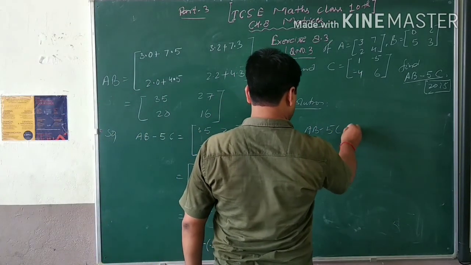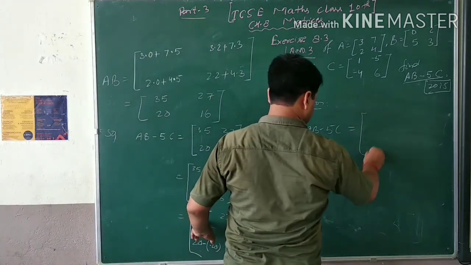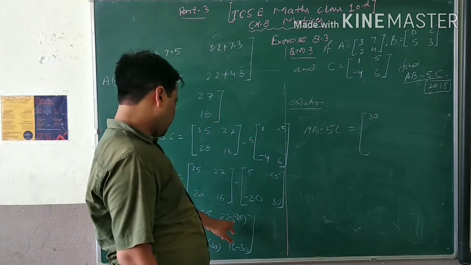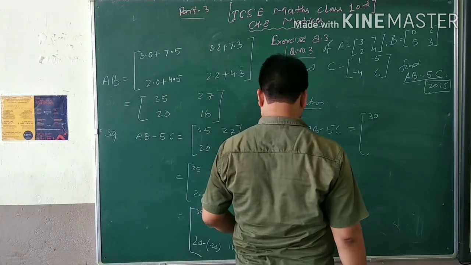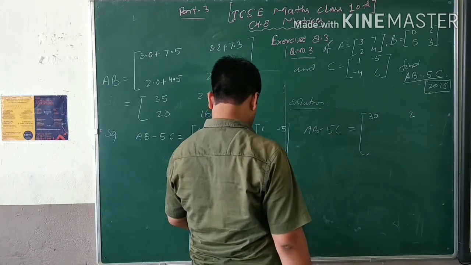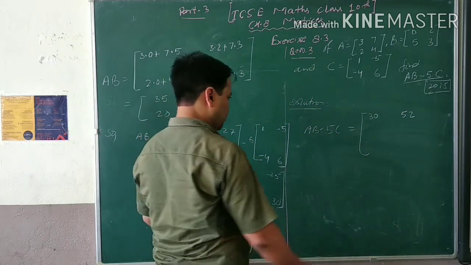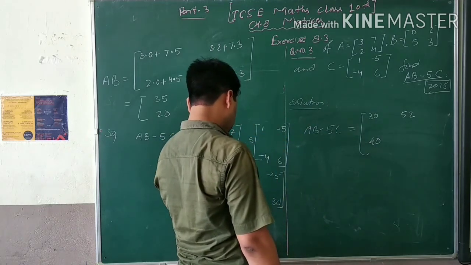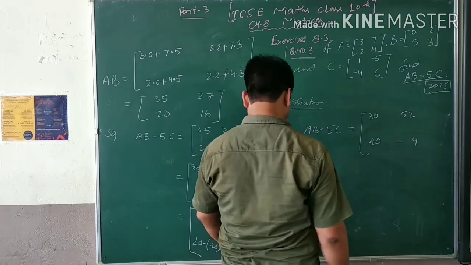AB minus 5C is: 35 minus 5 is 30, 27 minus of minus 25 is 52, then 20 plus 20 is 40 and 16 minus 30 is minus 14.